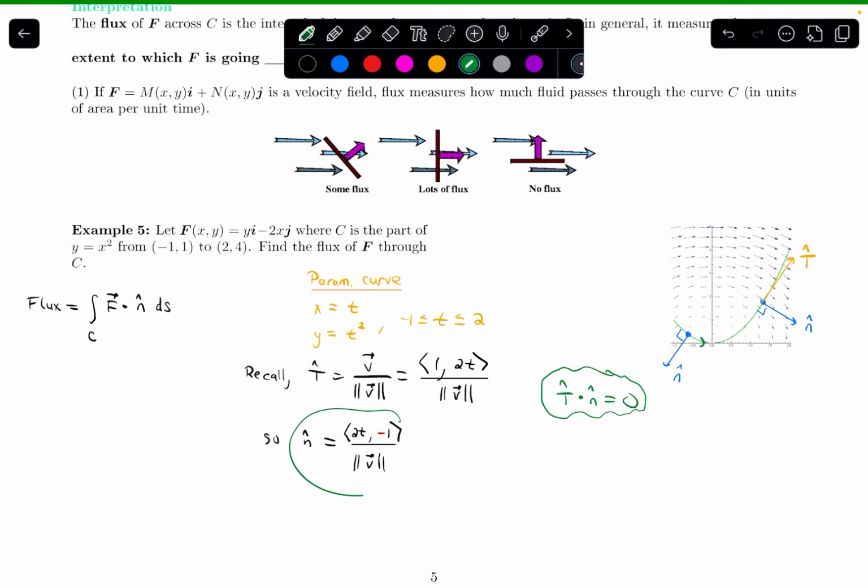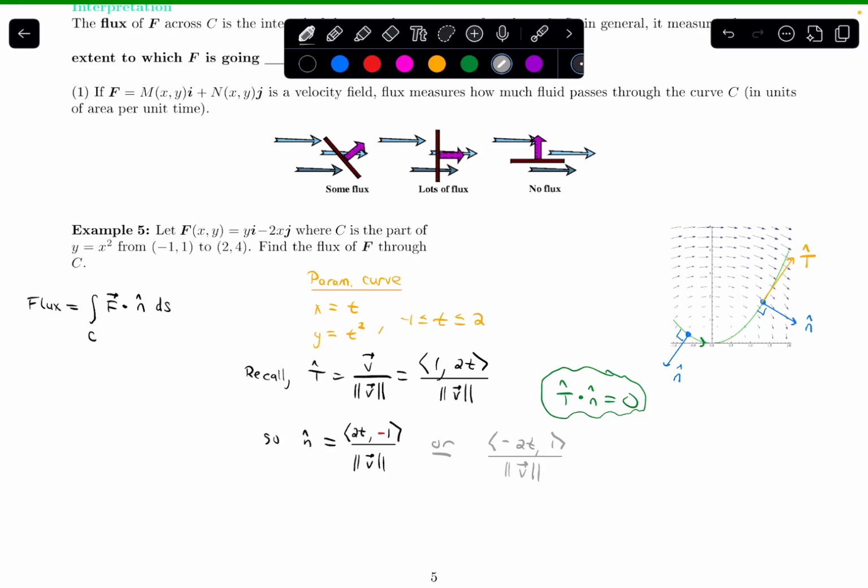That's not the only thing that could work here, because I don't have to put the negative in front of that second component. I could have put it on the 2t. So I could have done that, or we could have done the negative in front of 2t and then done comma 1 over that length of my velocity.